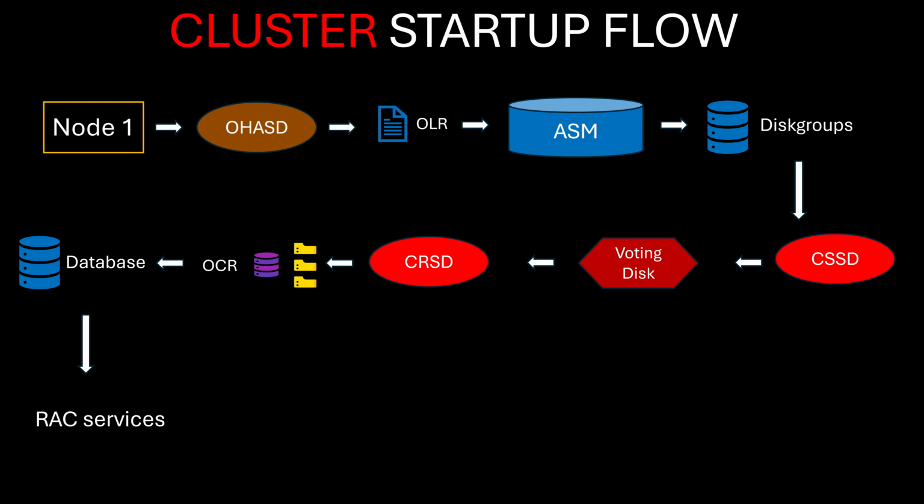CRSD then reads cluster resource information from OCR and begins managing databases, listeners, services, VIPs, and other cluster resources. Only after OCR information is available can Oracle determine which resources should be started. Finally, the database instances come online and RAC services become available for users.